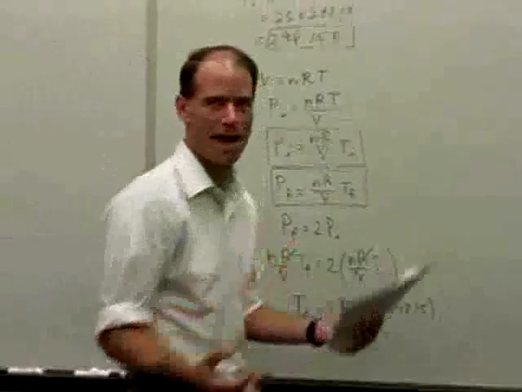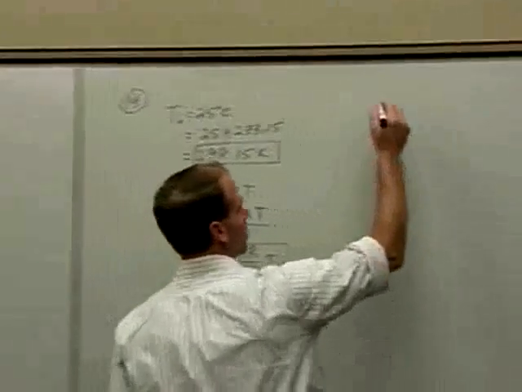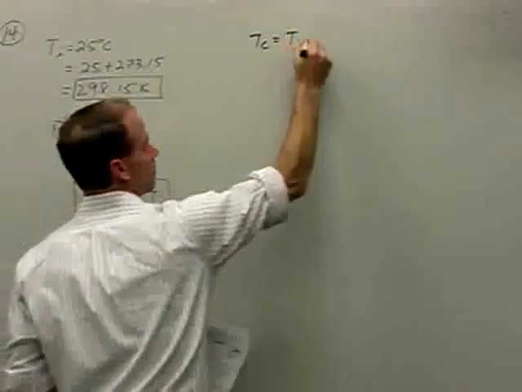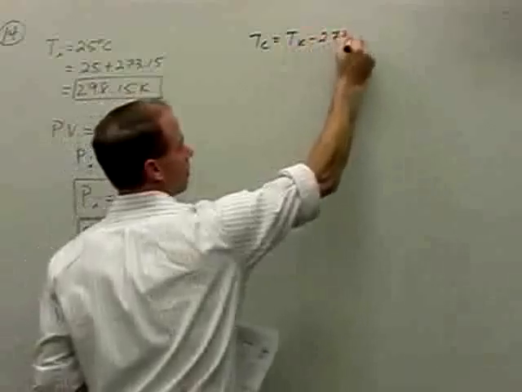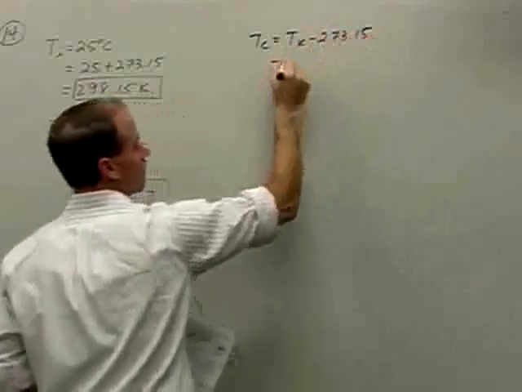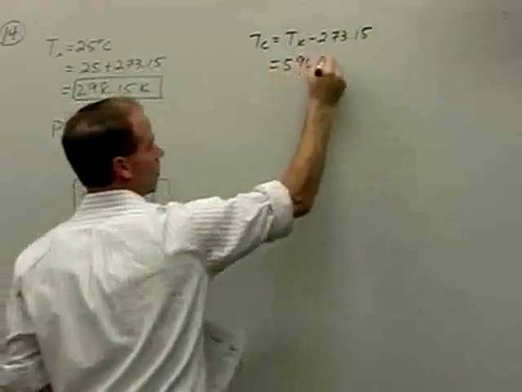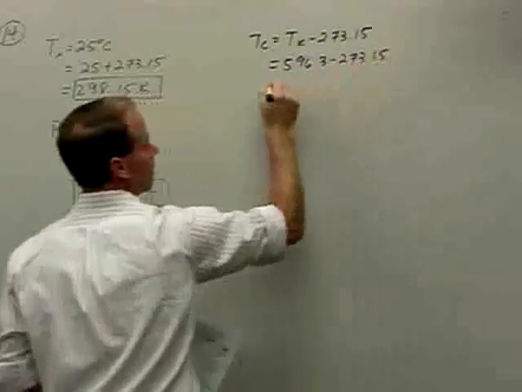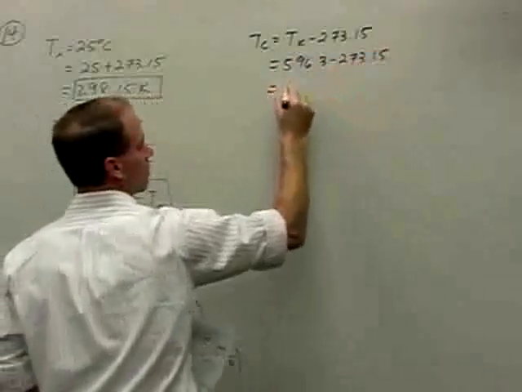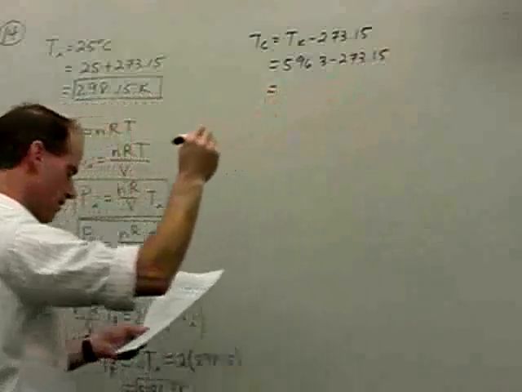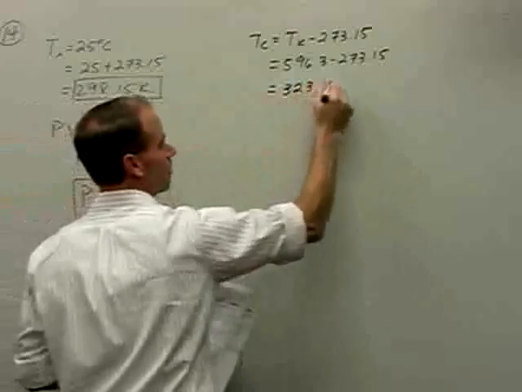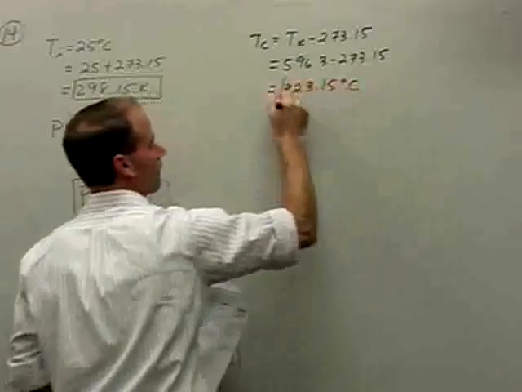We have to convert back to Celsius. So the temperature in Celsius will equal the temperature in Kelvin minus 273.15. So 596.3 minus 273.15 equals 323.15 degrees Celsius.